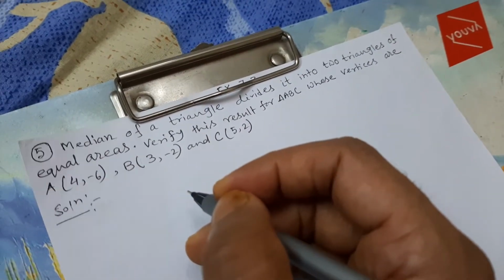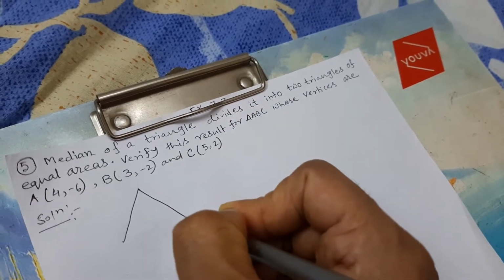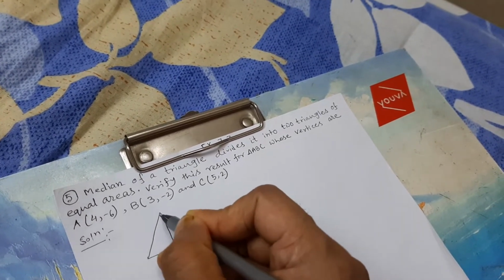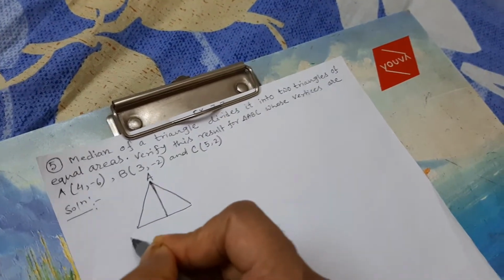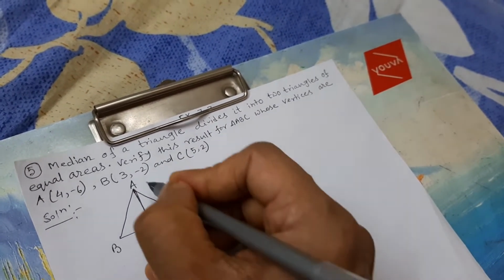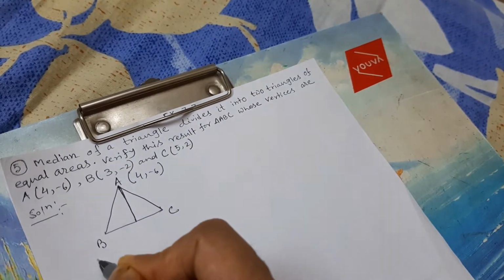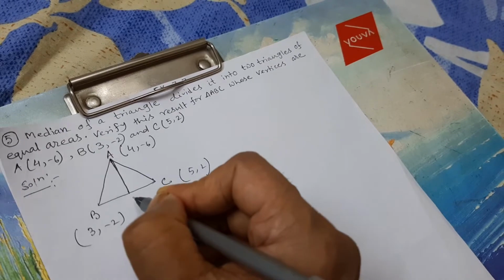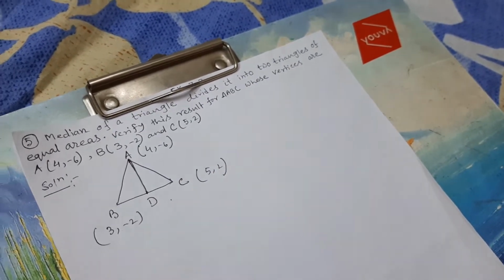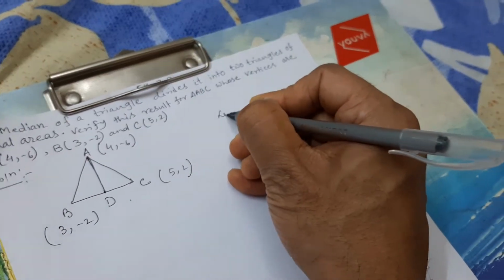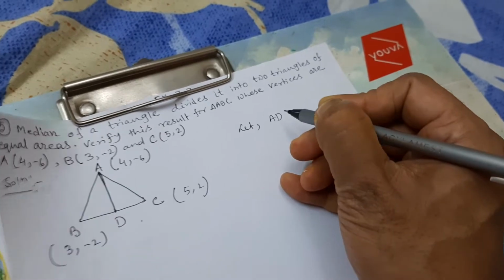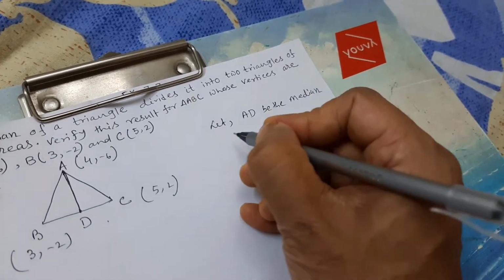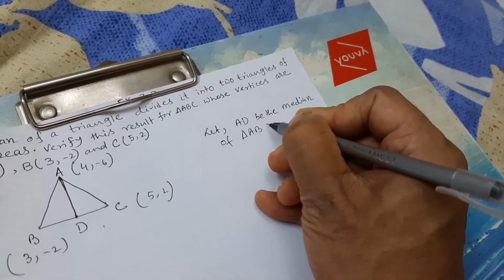First you draw one triangle ABC. A point is (4, -6), B point is (3, -2) and C point is (5, 2), and this point is D. Let AD be the median of triangle ABC.